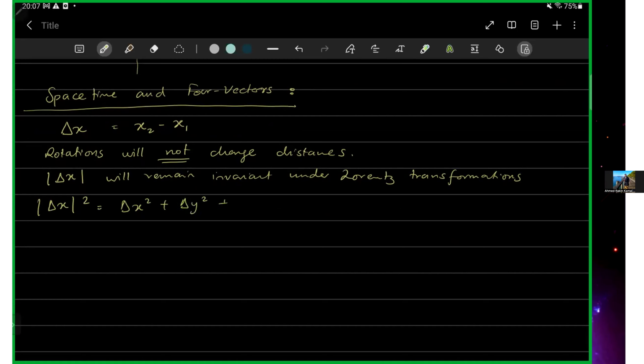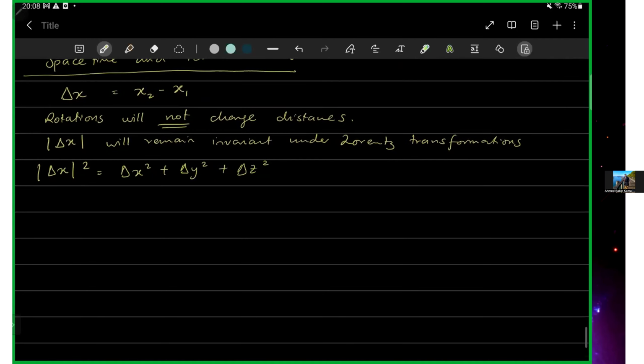For 3 dimensions, if I incorporate this into a space-time, I can write this as delta s squared as minus delta t squared plus delta x squared plus delta y squared plus delta z squared. Okay, and this is actually called the space-time interval.